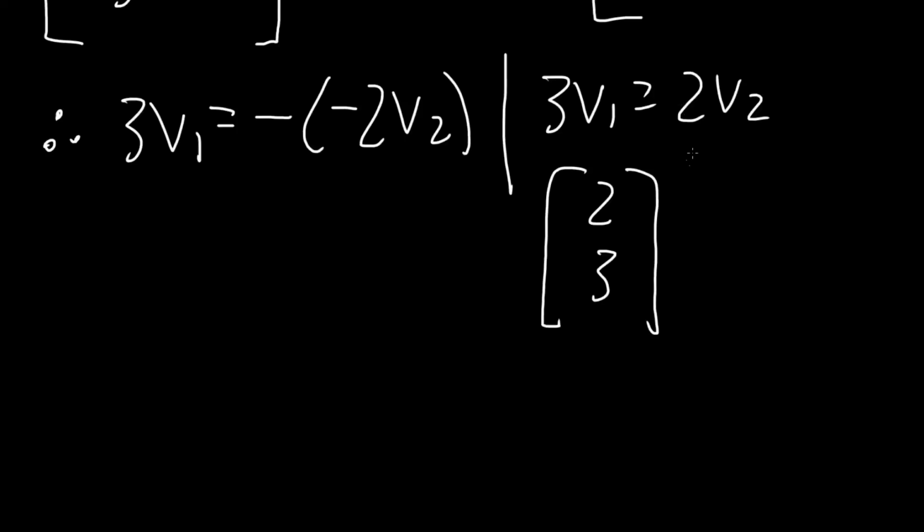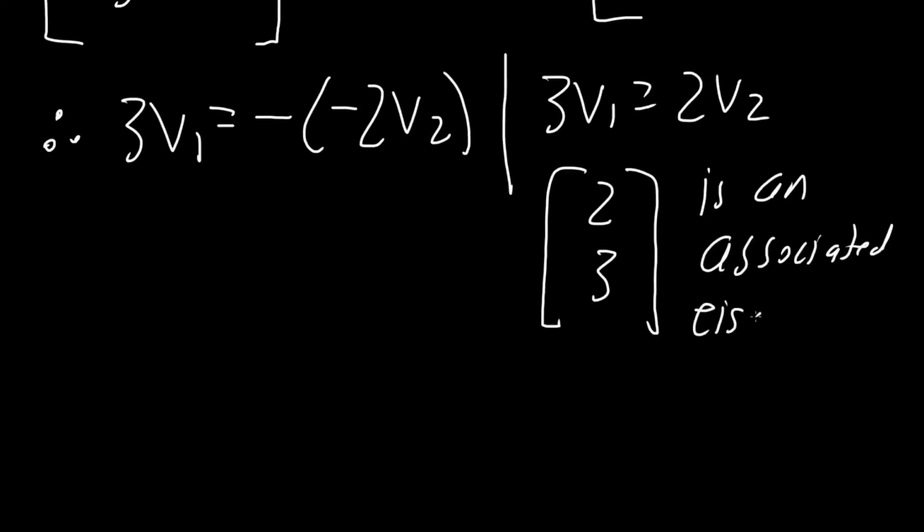Or you can think about it as this: v2 is 3. 2 times 3 is 6. 6 divided by 3 would be 2. And so we say that this is an associated eigenvector for r is equal to -2.